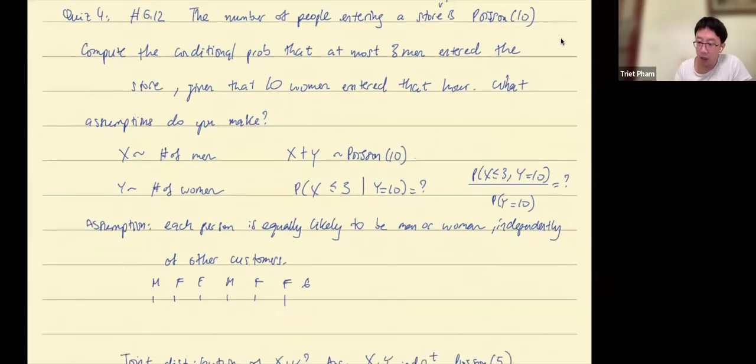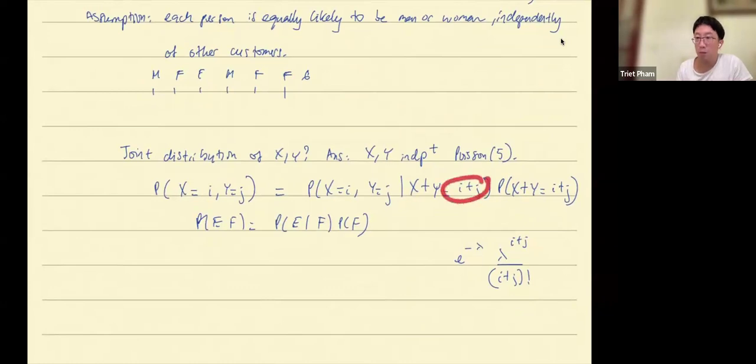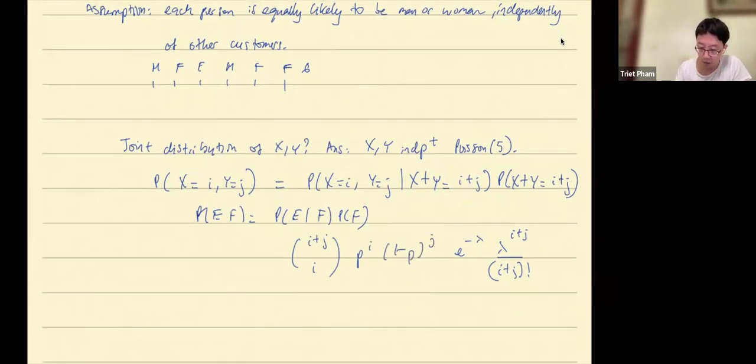We're talking about a binomial random variable, with this being the total number of trials. And this is the number of trials happening in one category, and this is the number of trials happening in the other category, which means this is I plus J choose I, P to the I, 1 minus P to the J. And again, I do recognize that this is a half each in our assumption, but let's do this just to show you the general calculation.